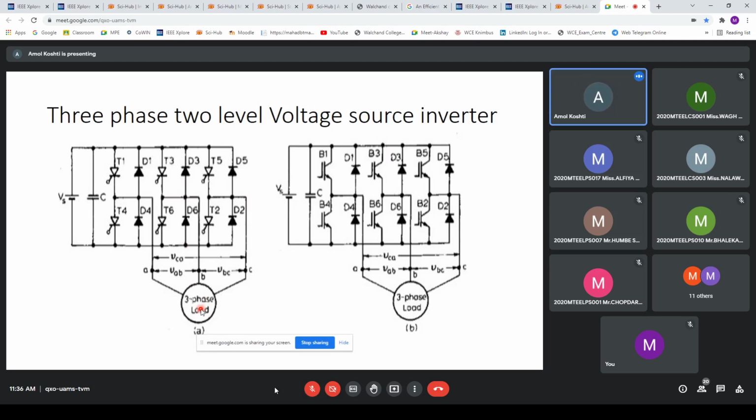Actually, this is only the fundamental circuitry. If we see the practical inverter framework, if you see some hardware of a multi-level inverter or any two-level inverter, other than these six switches and six diodes, a lot of additional circuitry is there.